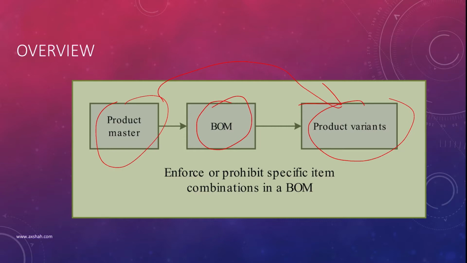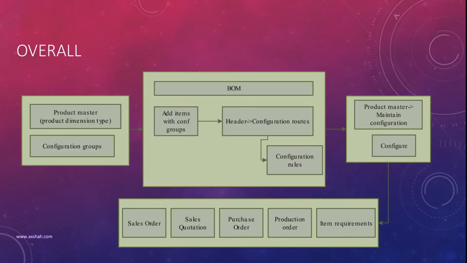So what is the bill of material? Bill of material is the collection of items under one product master. The overall process of the configuration-based technology is that the product master is created with the BOM components and configuration groups are created.